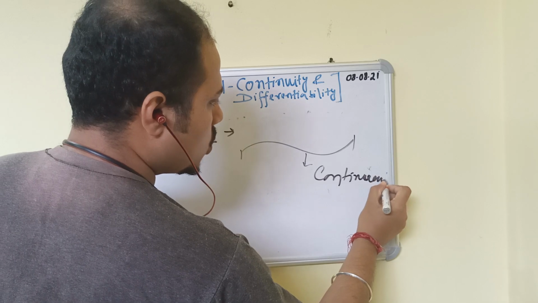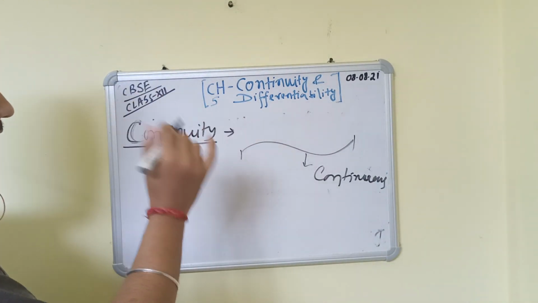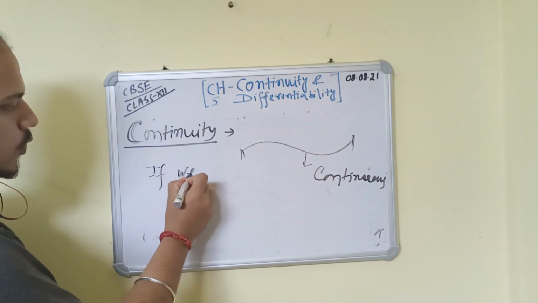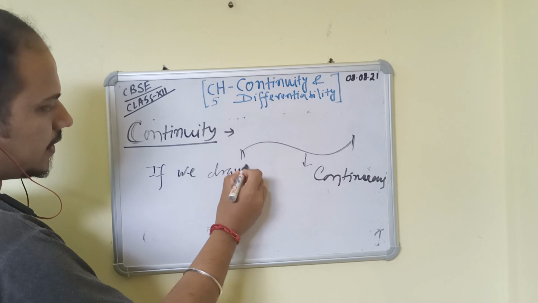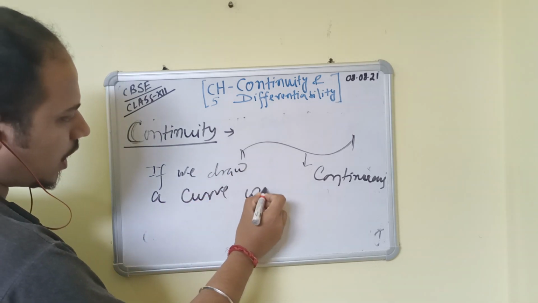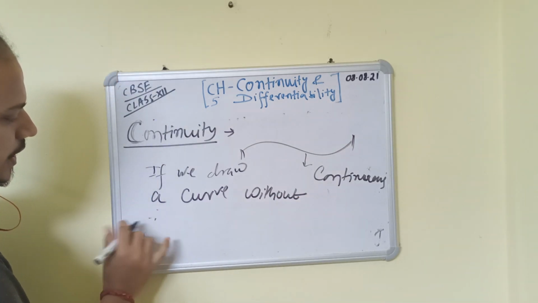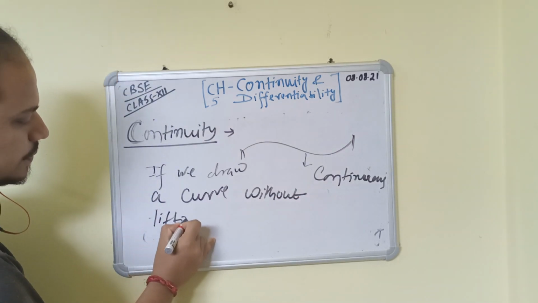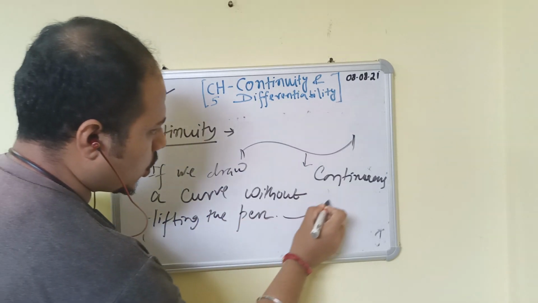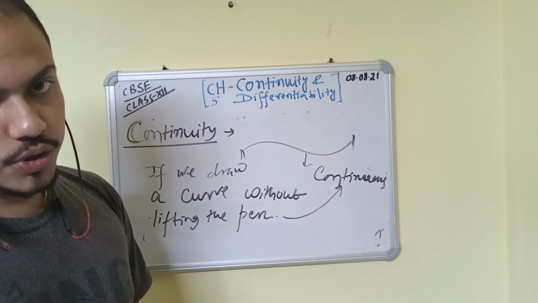This is a non-mathematical definition, but for your understanding you can remember: if we draw a curve without lifting the pen, that curve is continuous.